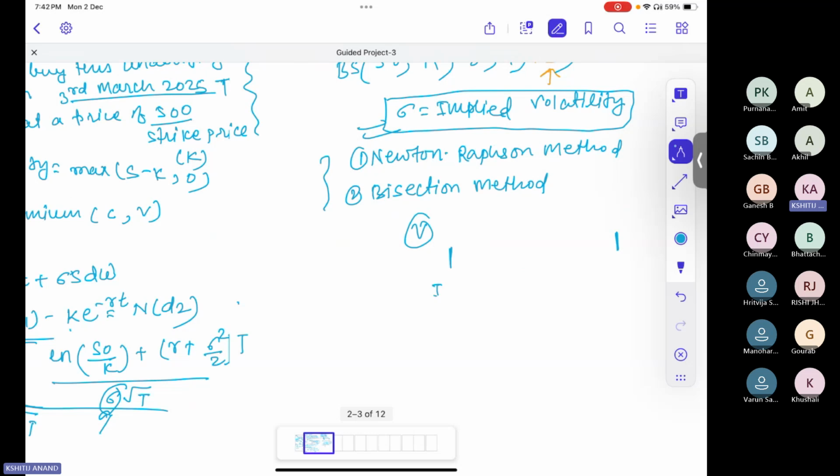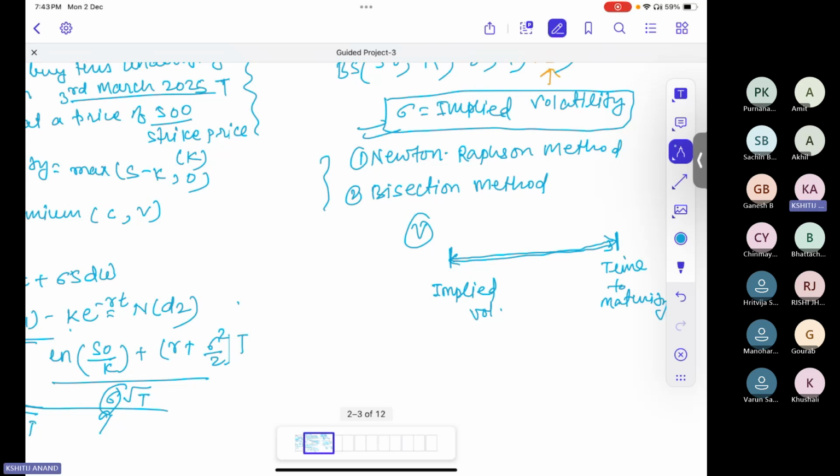By implied volatility, what we mean is the average volatility that we will be observing in the underlying from the current time till the time to maturity of the option. What volatility will we be observing in the underlying in this time period? That is the implied volatility for you.